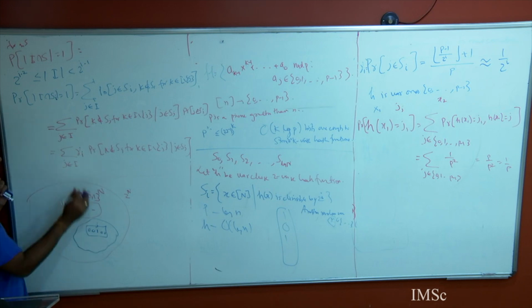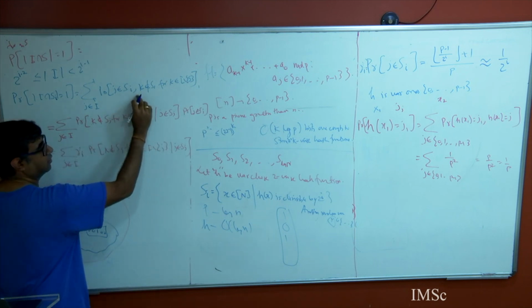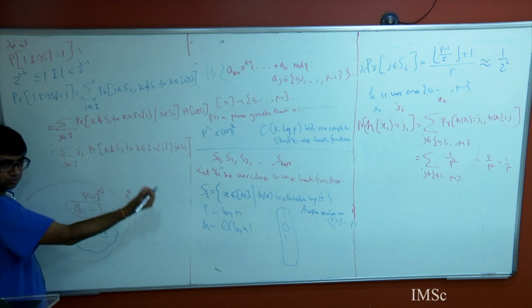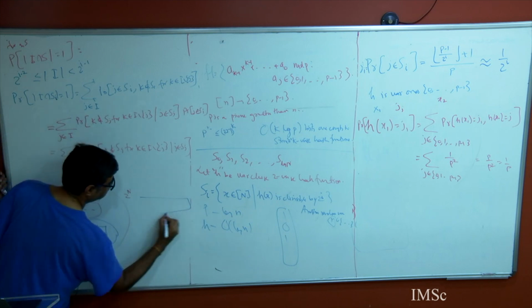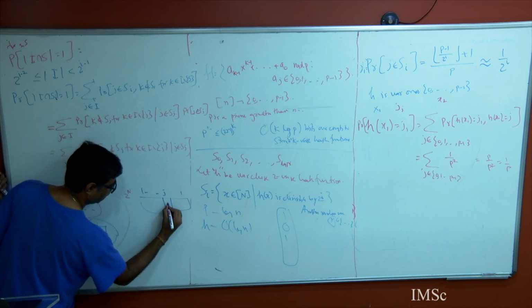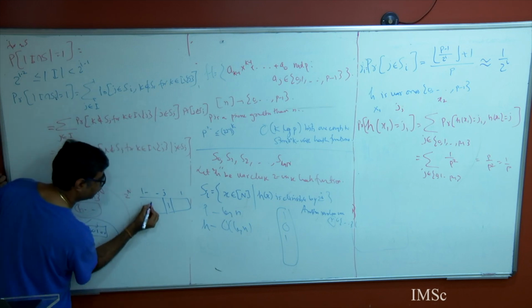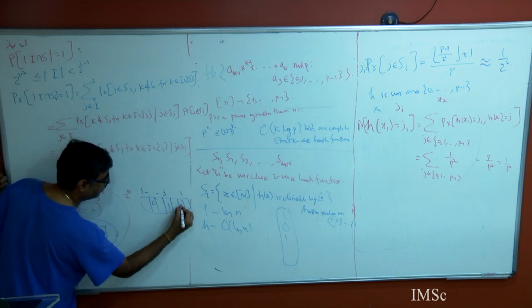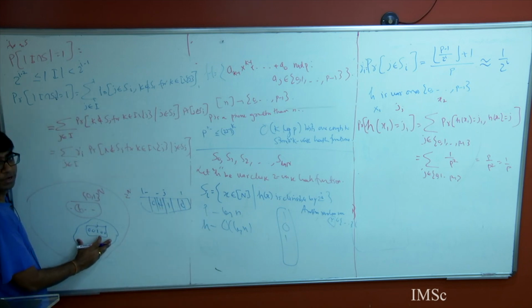What are the SIs I am considering here? J belongs to SI, like J is some index which belongs to SI. So suppose this is 1 to n, and here it is J. It is 1, belongs, and none of the other indexes belong. So all those places I want 0s. So this is basically my good event.